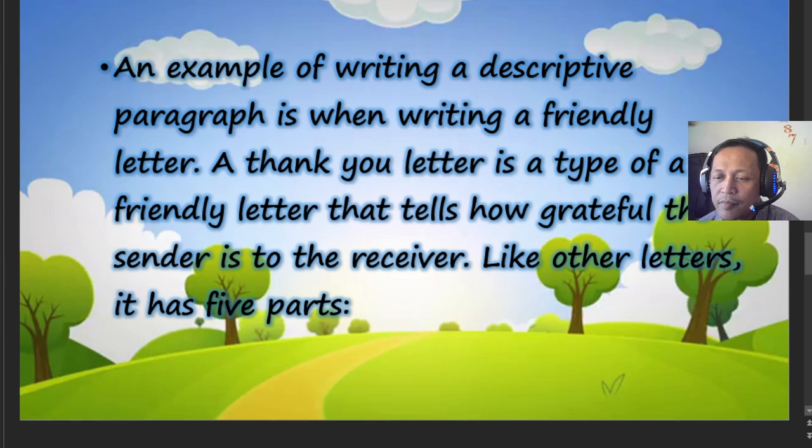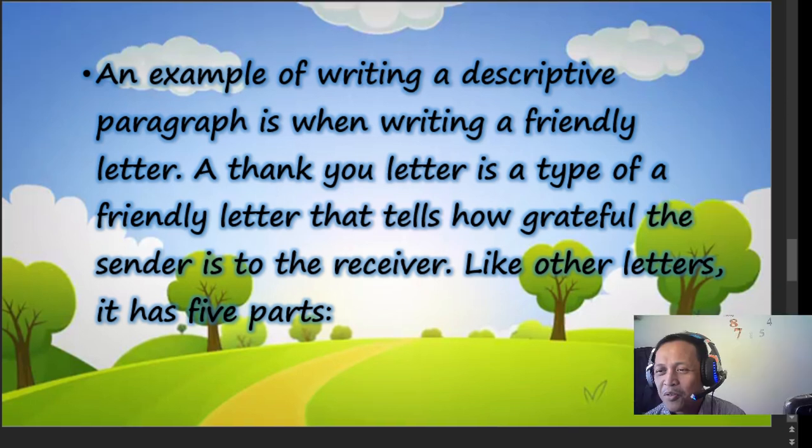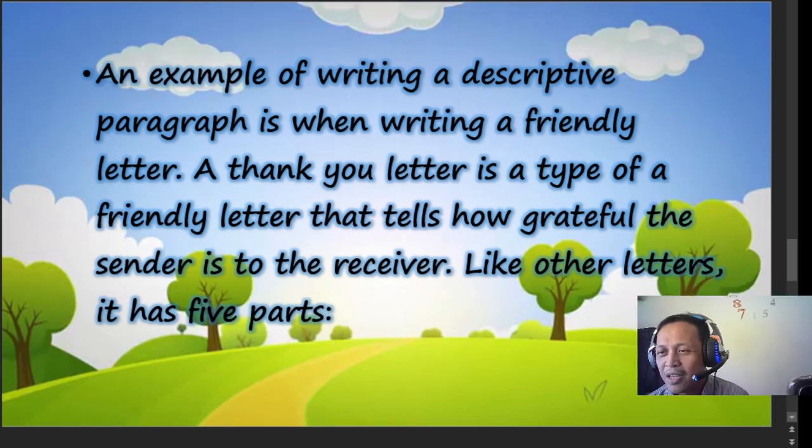Before the invention of cell phones and computers and the internet, we didn't have other means of communication but writing letters. We wrote letters using pens and pencils and paper to our friends who were living in far places.